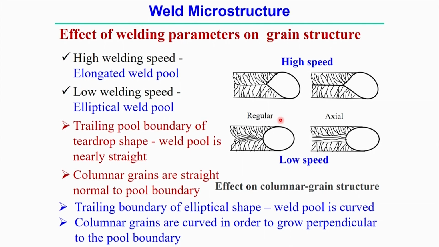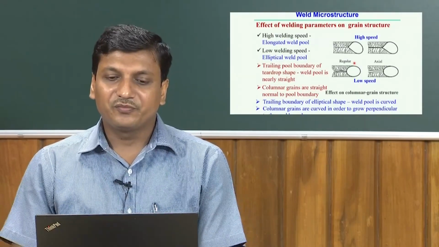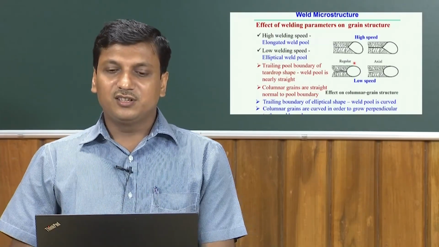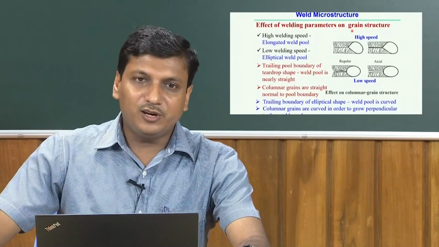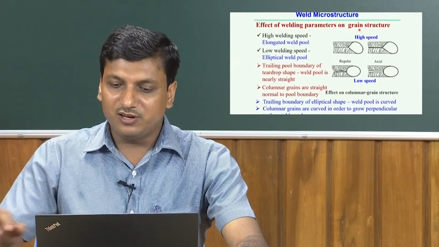But in case of low speed, since the trailing boundary is elliptical, the weld pool makes a curve, and the columnar grains are also curved in order to grow perpendicular to the weld pool boundary. Finally, they end up almost perpendicular to the weld line. So, these are the typical weld grain structures observed during the welding process.